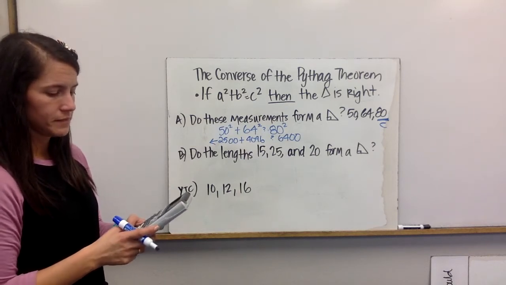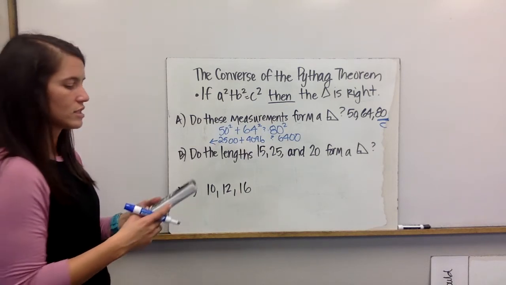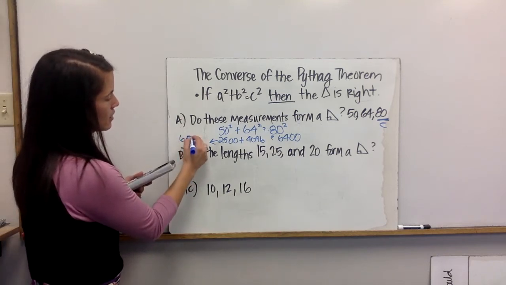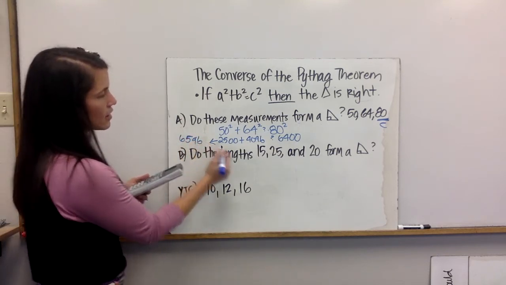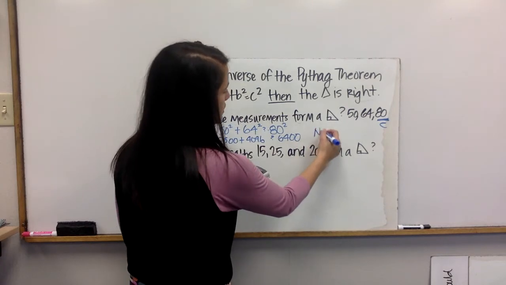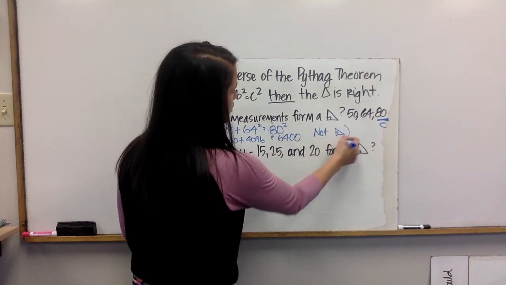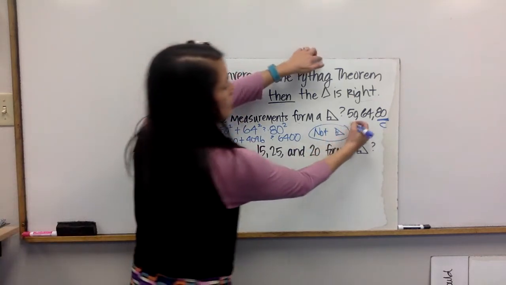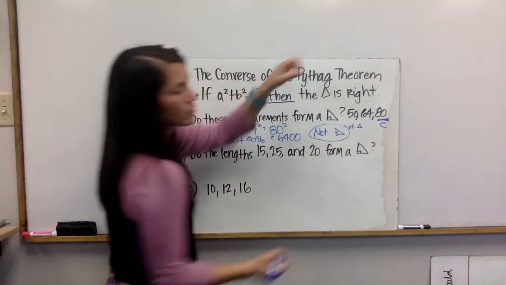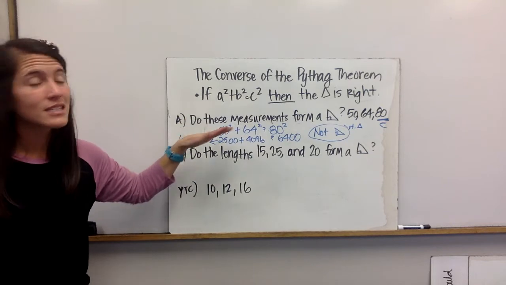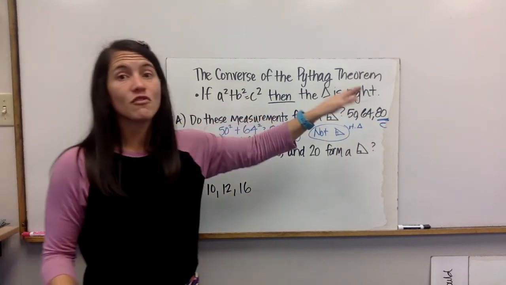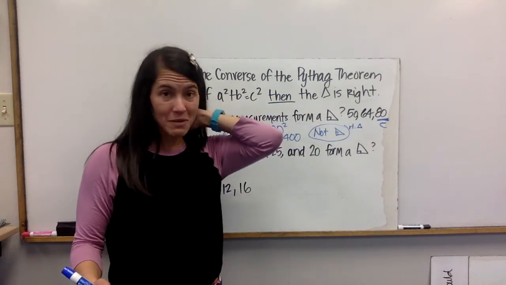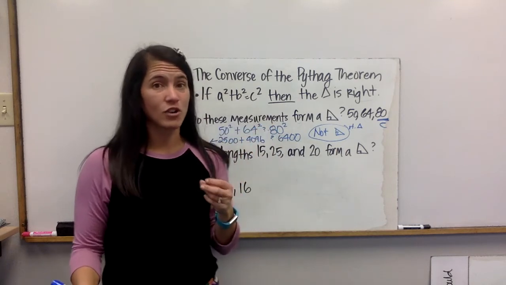I'm going to add them up just to see. 6,596. So they do not equal. So this is not a right triangle. It is not a right triangle. Or you can put RT triangle. This is not a right triangle because these values do not satisfy the Pythagorean Theorem. It might be a triangle, but it's not a right triangle.